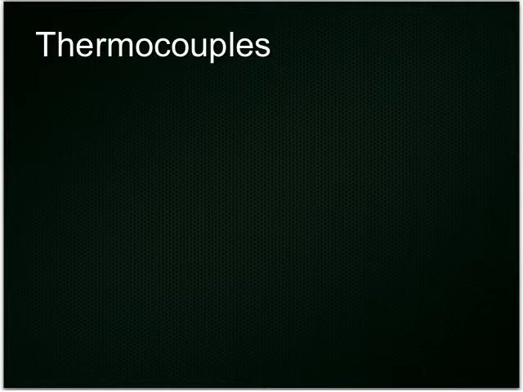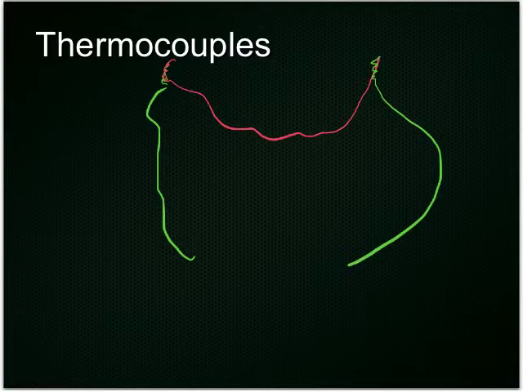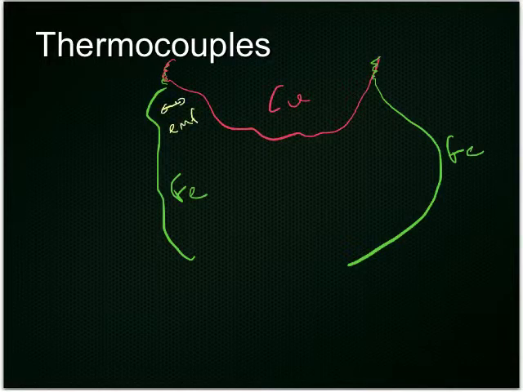Now what's a thermocouple? A thermocouple is one type of metal attached to another type of metal in two junctions. So let's say this was iron, this one was copper. You would actually get an EMF at the junction between the two metals, generally because you could think of like a chemical reaction being there.